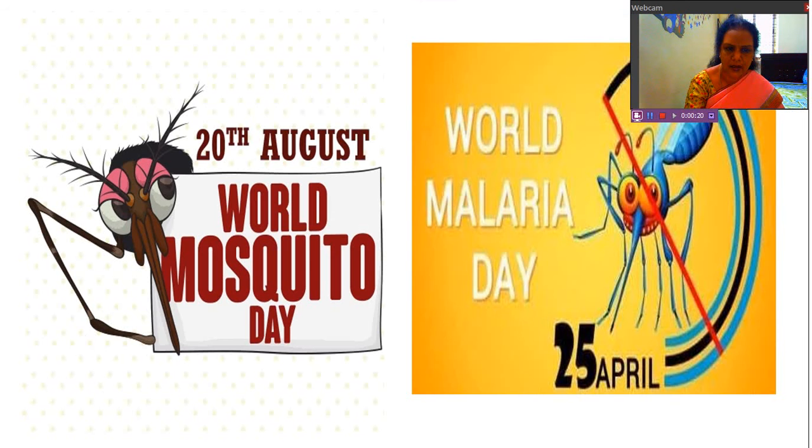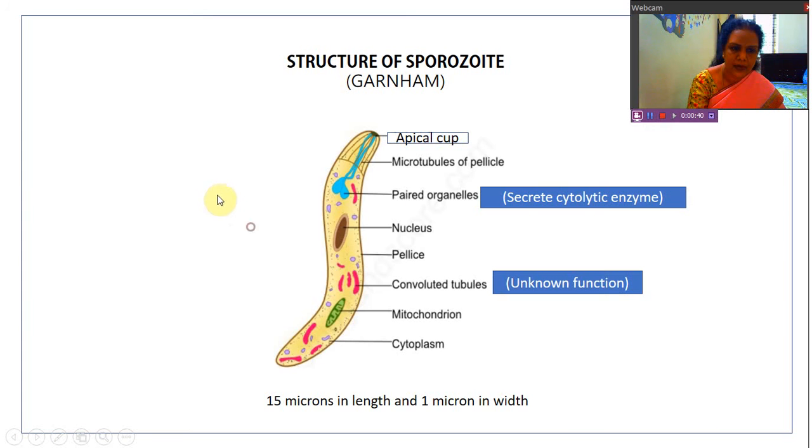I told you that Sir Ronald Ross, in our own state at Secunderabad, studied Plasmodium vivax, and he discovered the oocyst stage in the gut of the mosquito on 20th August. That is why 20th August is considered as World Mosquito Day. When is World Mosquito Day?